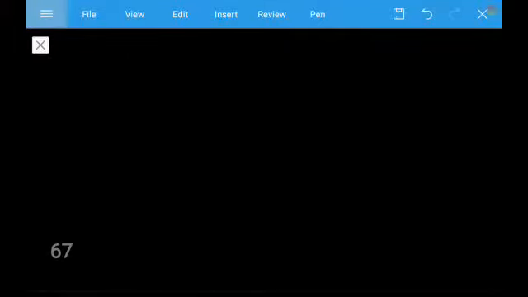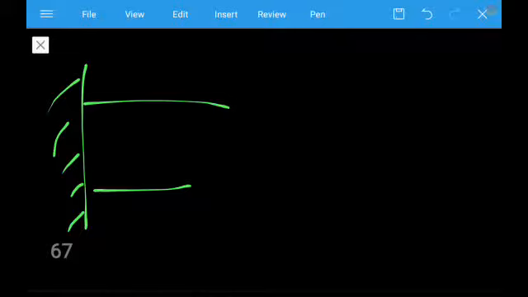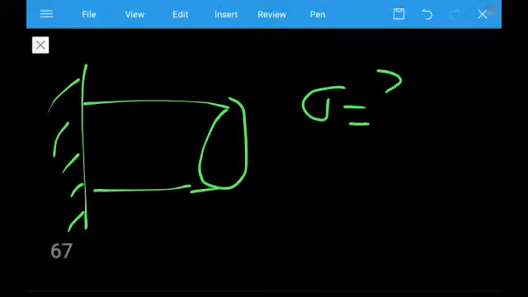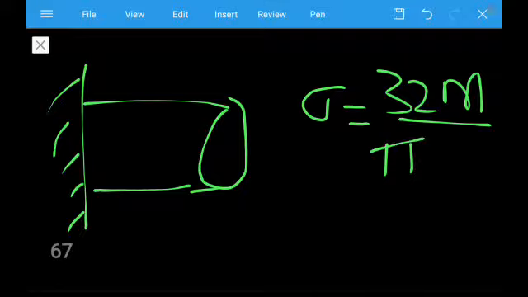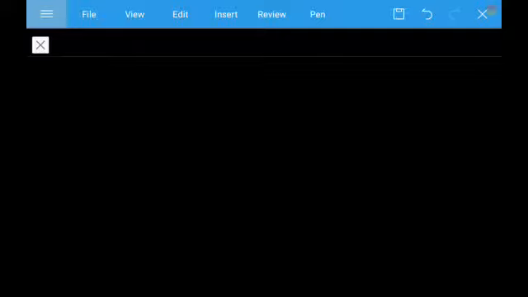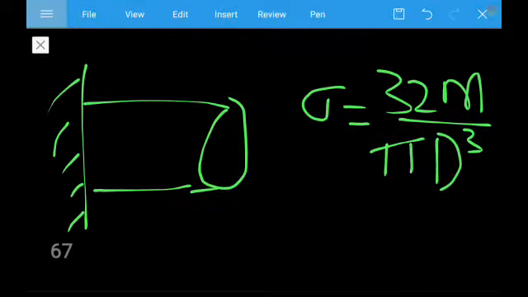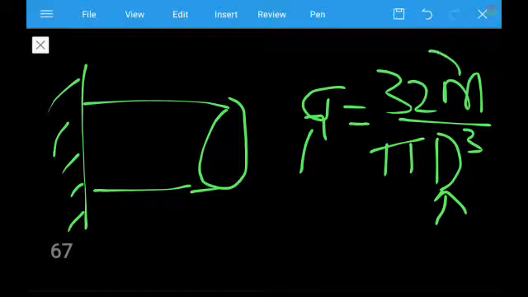And the effect of bending for a beam. Sigma is 32 M upon pi d cube, where sigma is the principal stress, d is the diameter of shaft, and M is the bending moment.